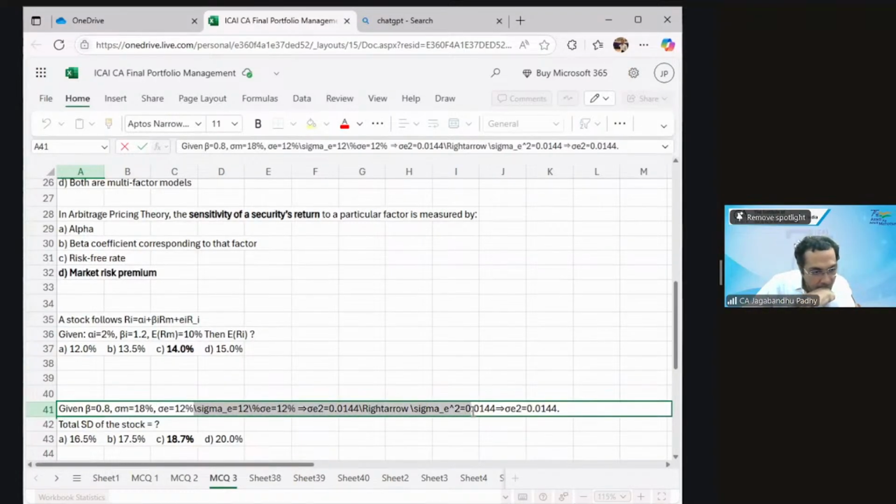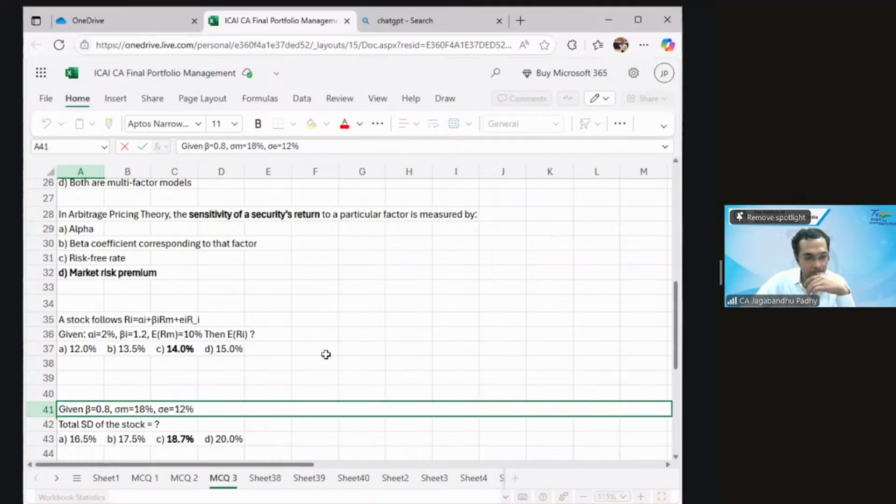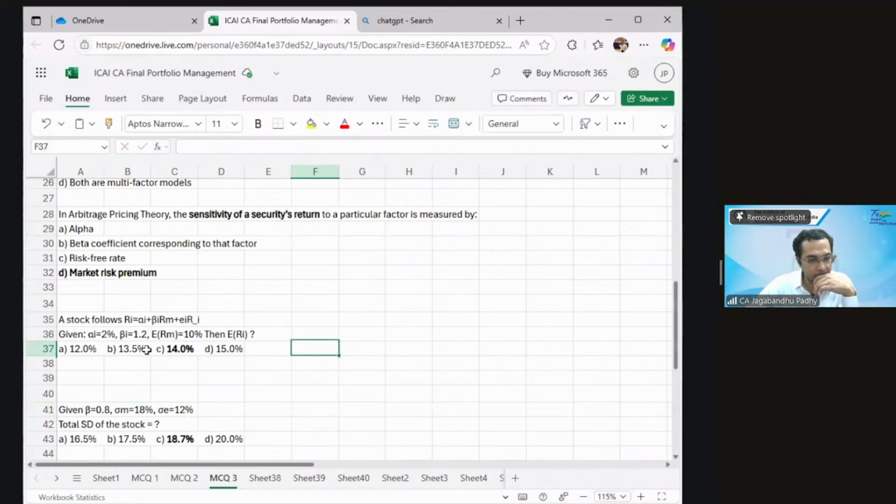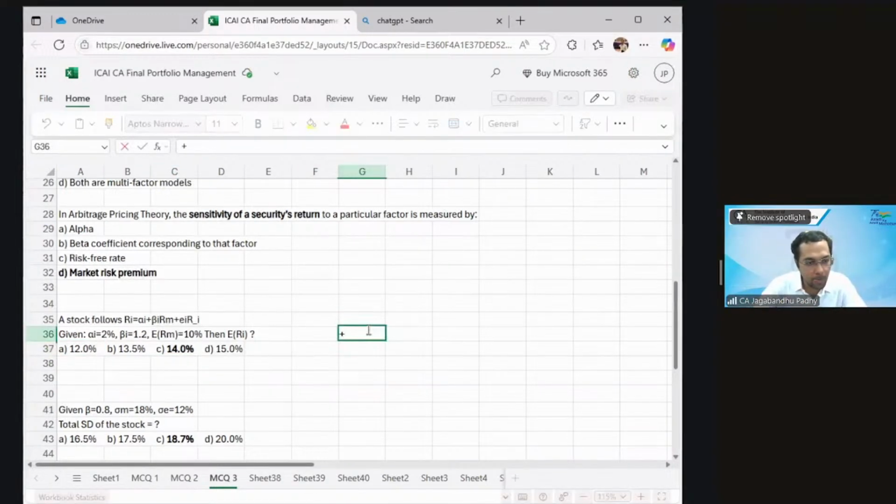Yes. Everyone? Yes. It is simply going to be equal to alpha is 2% plus beta of 1.2 into expected return is 10%. So that's 14%. Perfect.